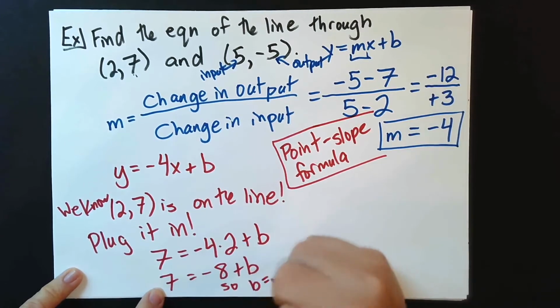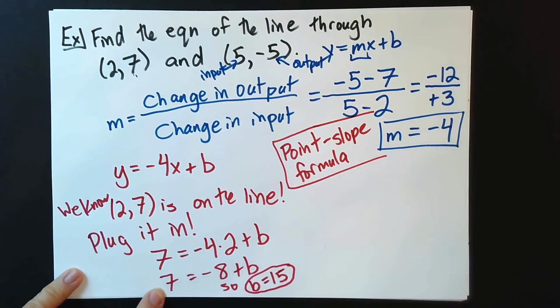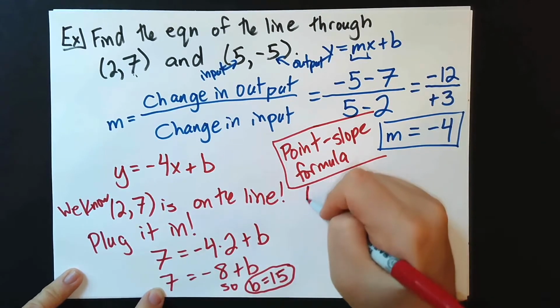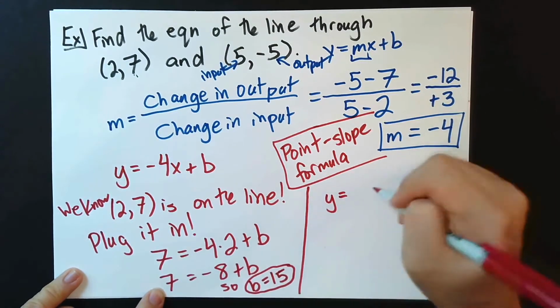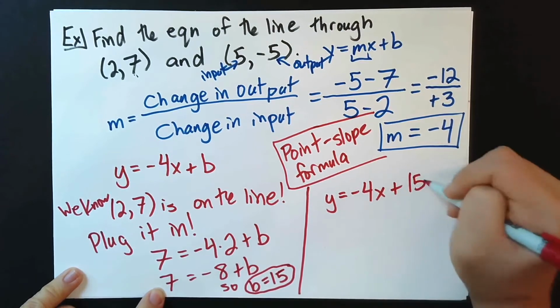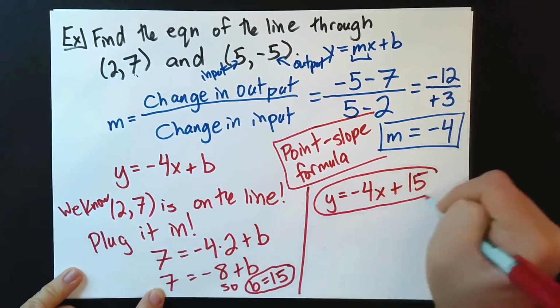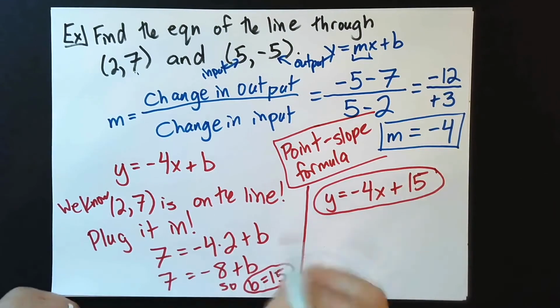So b is 15. And so now I know what my b is, and so the equation of my line is y equals minus 4x plus 15. And that is the equation of my line.